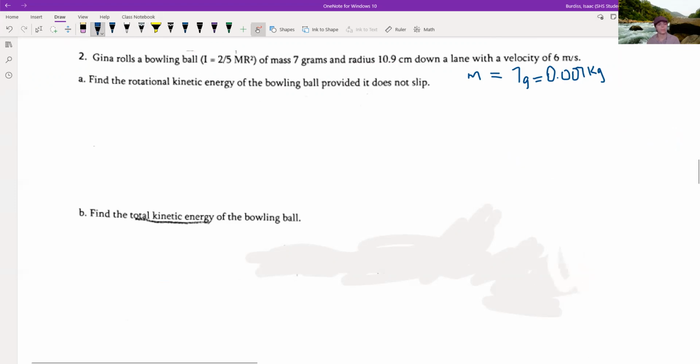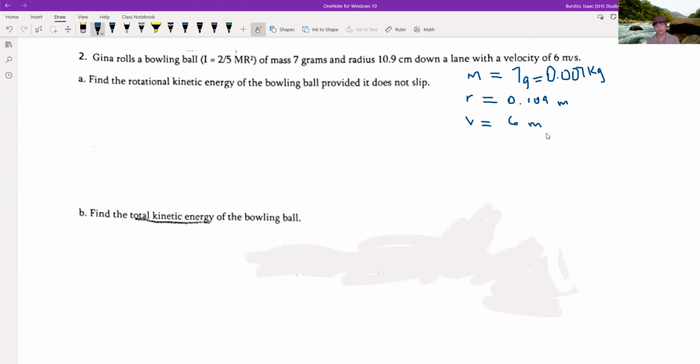Okay, so now we also know that the radius, we would convert that to meters and say that it's that. And it has a velocity of 6 meters per second.